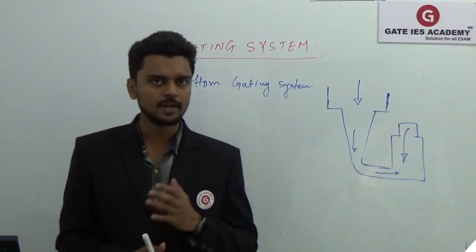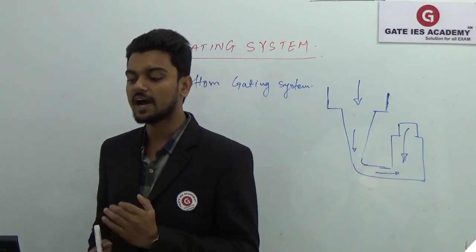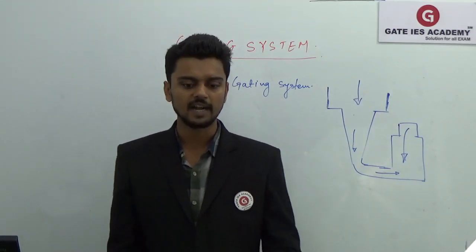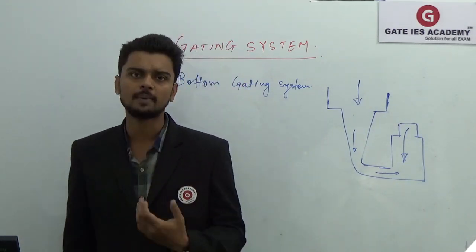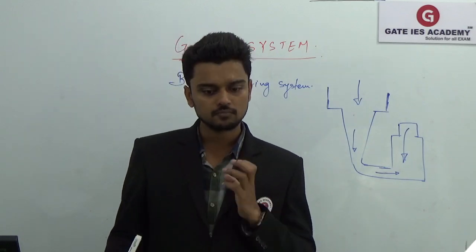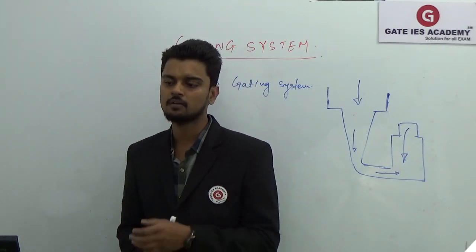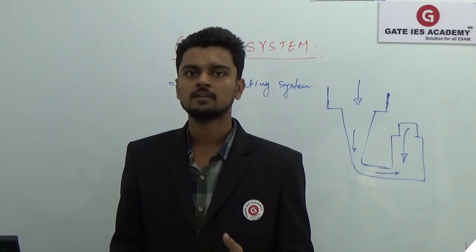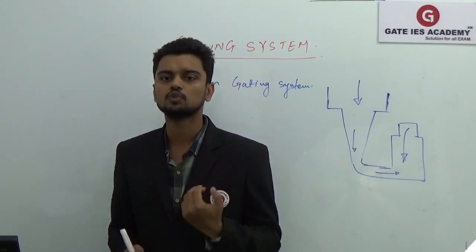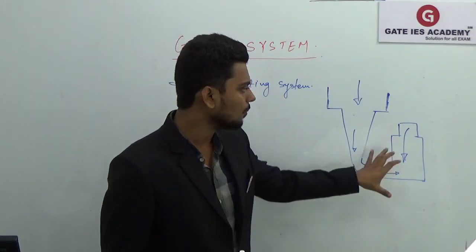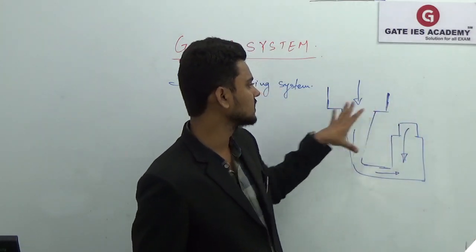And as compared to the top gating system, it takes a higher time to fill the mold, that is, the pouring time. The pouring time to fill the cavity in the bottom gating system is greater than in the top gating system. It is generally 2 times, if the mold height is equal to the HT.